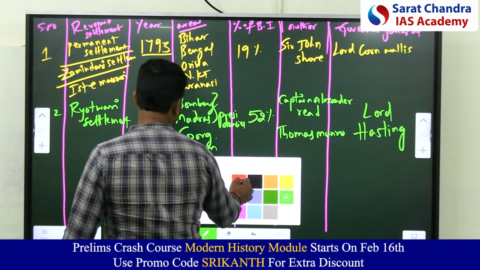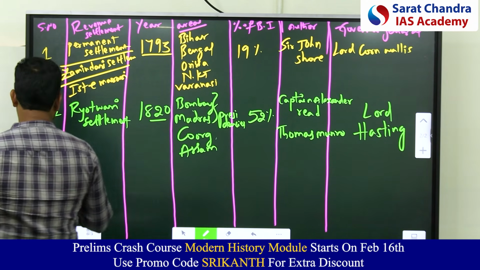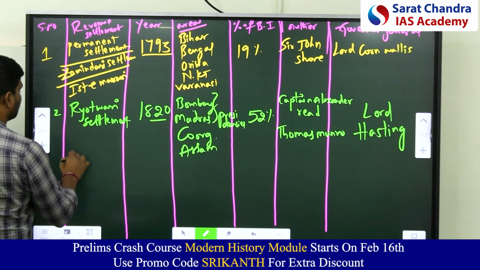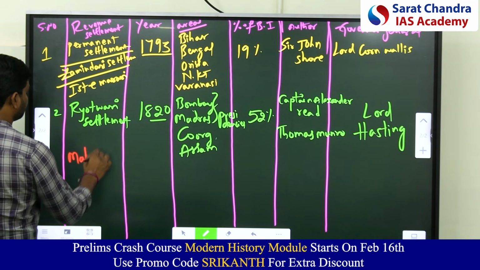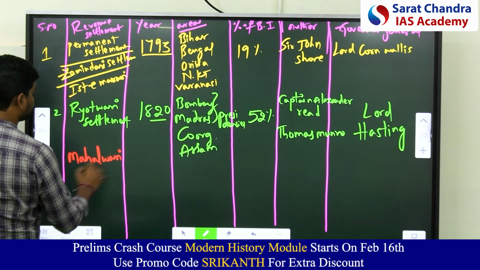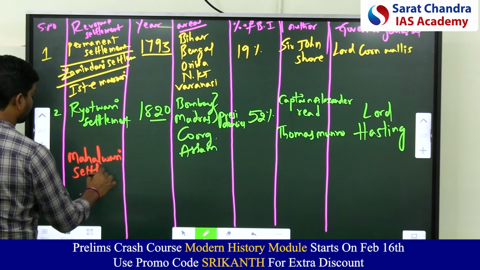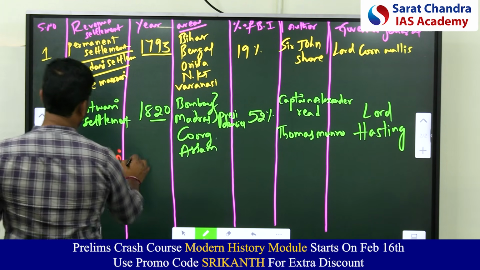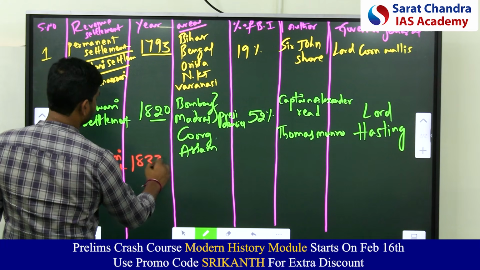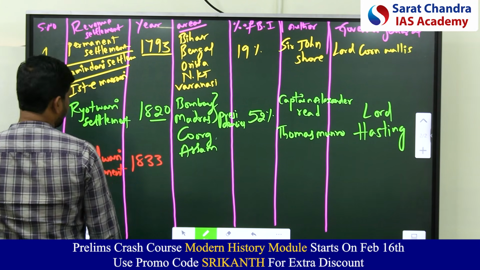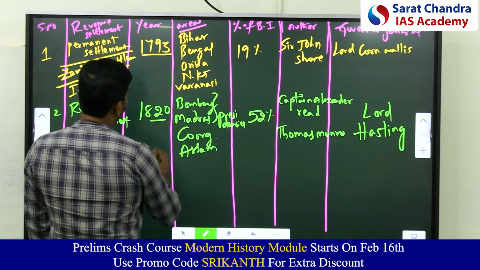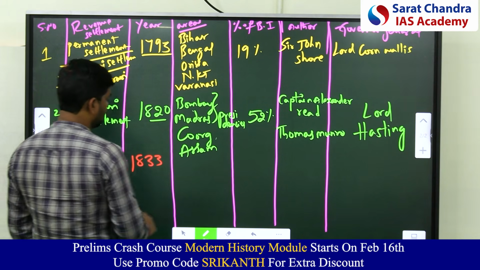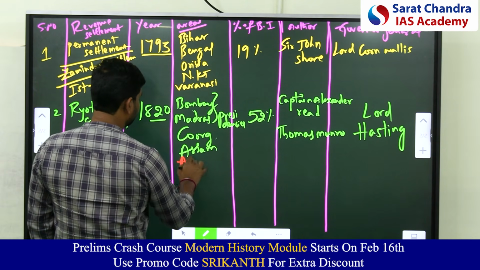The last revenue settlement, the third one, is known as the Mahalwari Settlement. This was introduced in the year 1833.